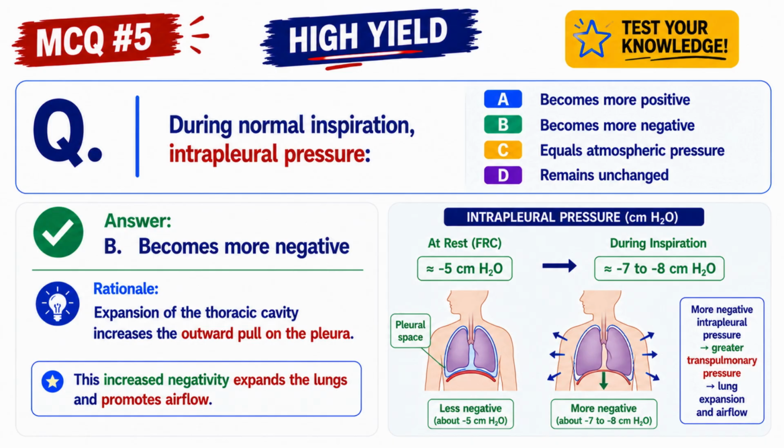During mechanical ventilation, positive intrapleural pressure during inspiration can compress the great veins, reduce venous return, reduce cardiac output. This is one mechanism by which high PEEP can cause hemodynamic compromise. Spontaneous breathing: more negative during inspiration. That negative pressure is what breathes you.